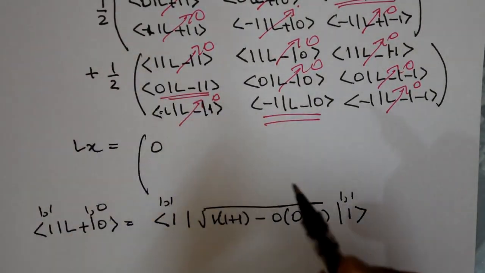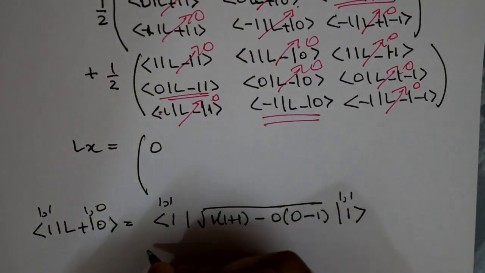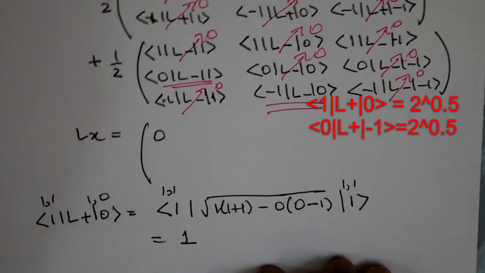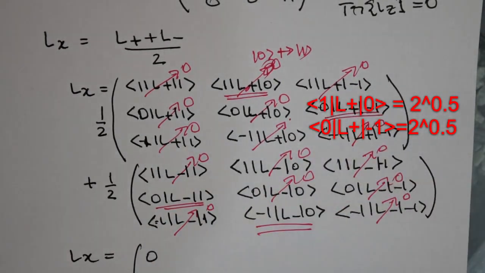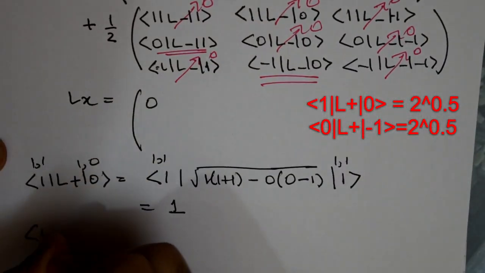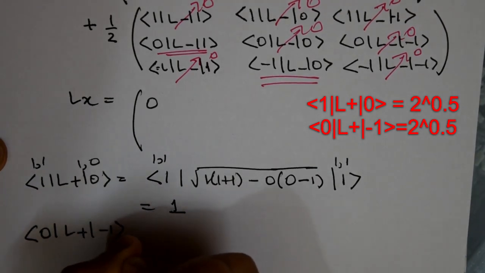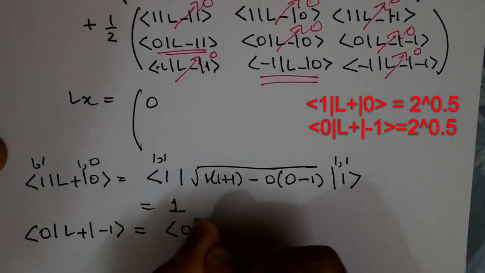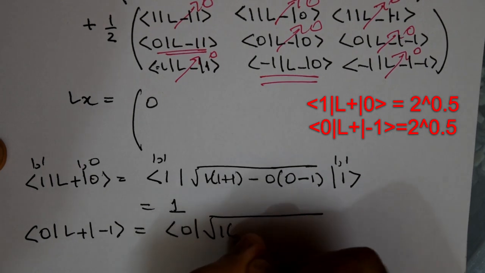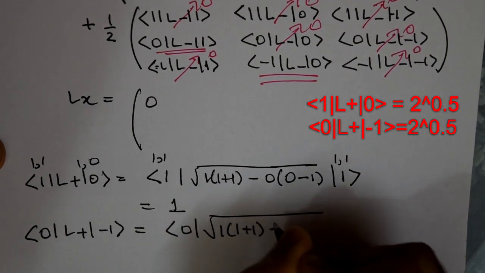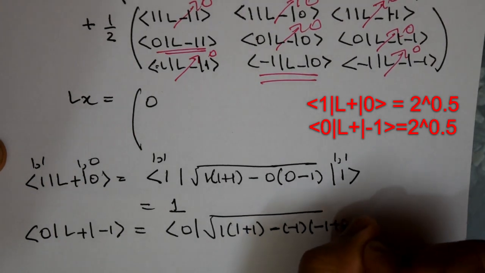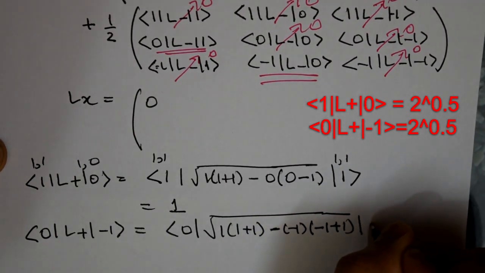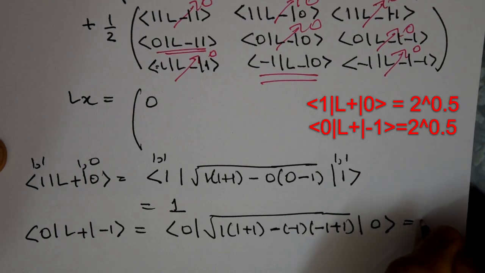I'm writing it just with the M quantum number so that it's easy, so you get 1 back. Okay, so similarly the next element that we should look for is 0 L plus minus 1. 0 L plus minus 1 is going to be equal to 0 square root of 1 into 1 plus 1 minus of minus 1 minus 1 plus 1 with the 0 here. That is also going to be equal to 1.